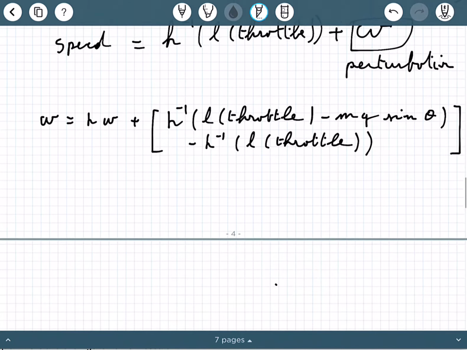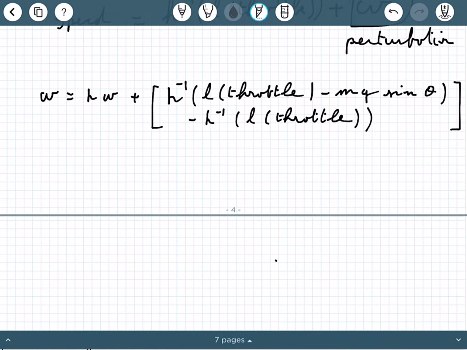So, taking things from there, what we are interested in is looking at the effect of a feedback loop on this specific system.